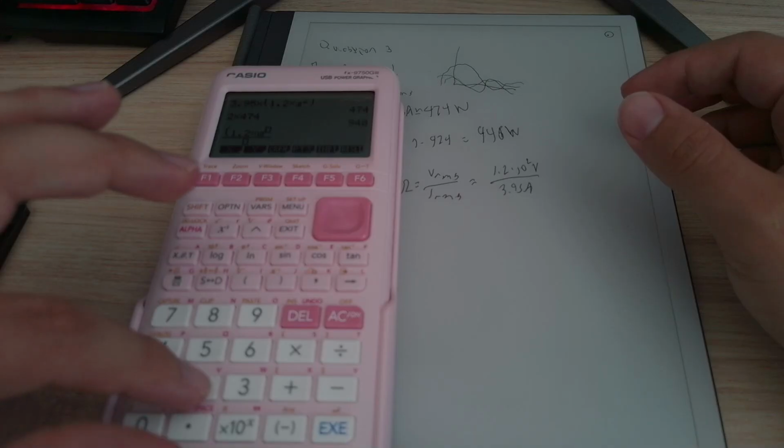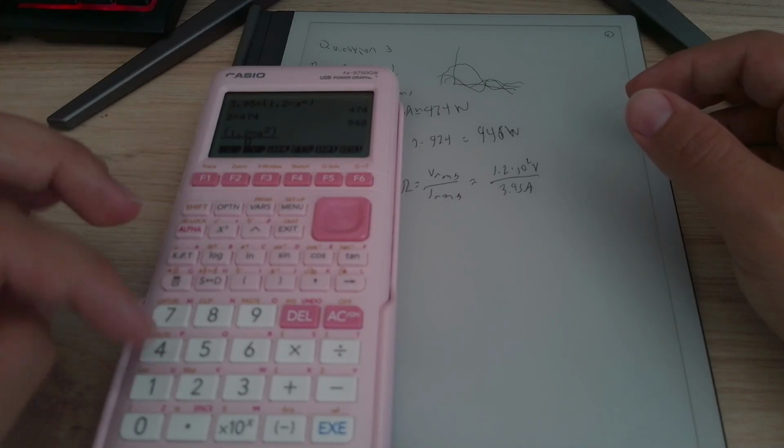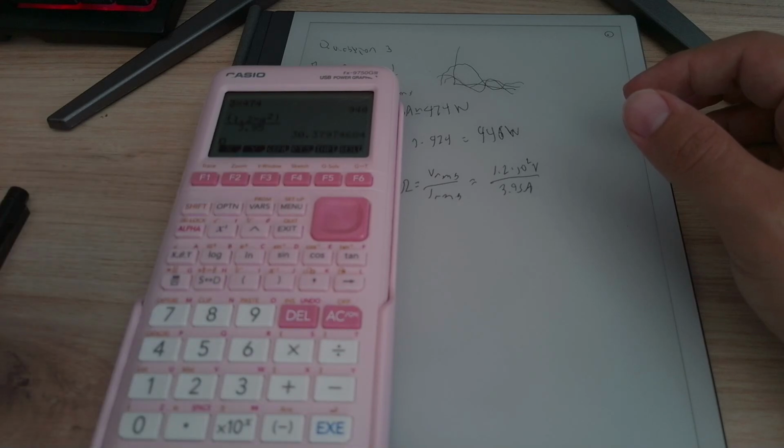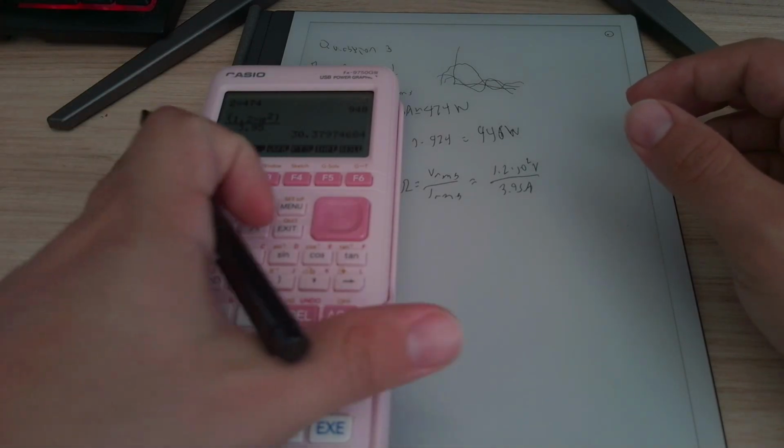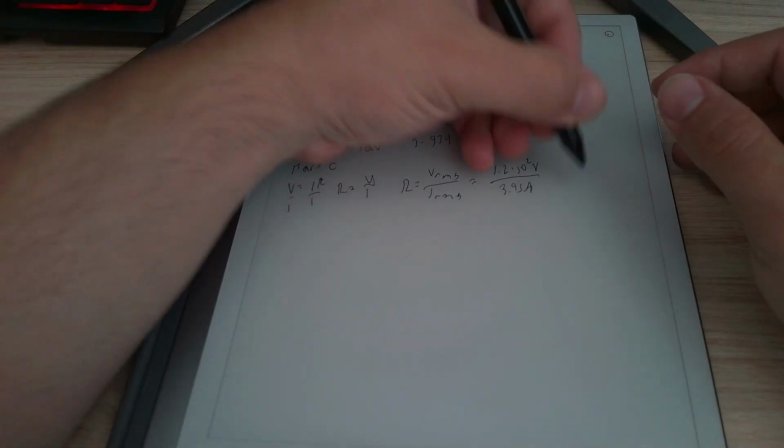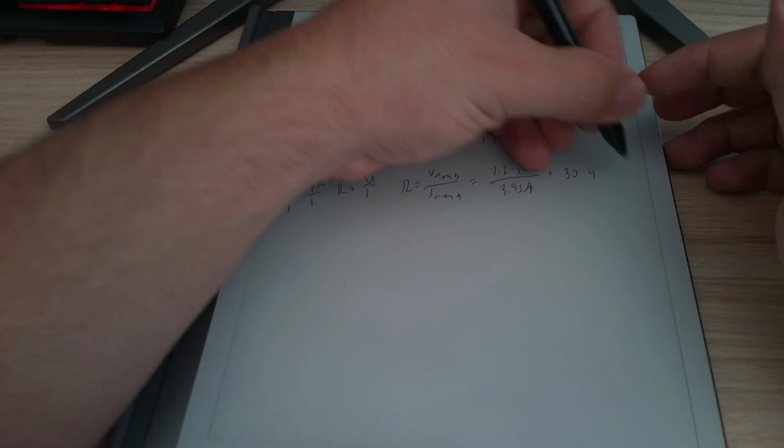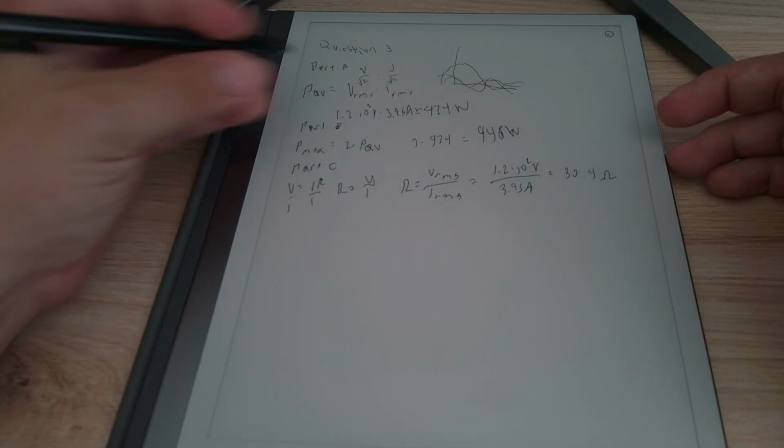It's going to give us 30.4 ohms. It'll be 30.4 ohms. All right.